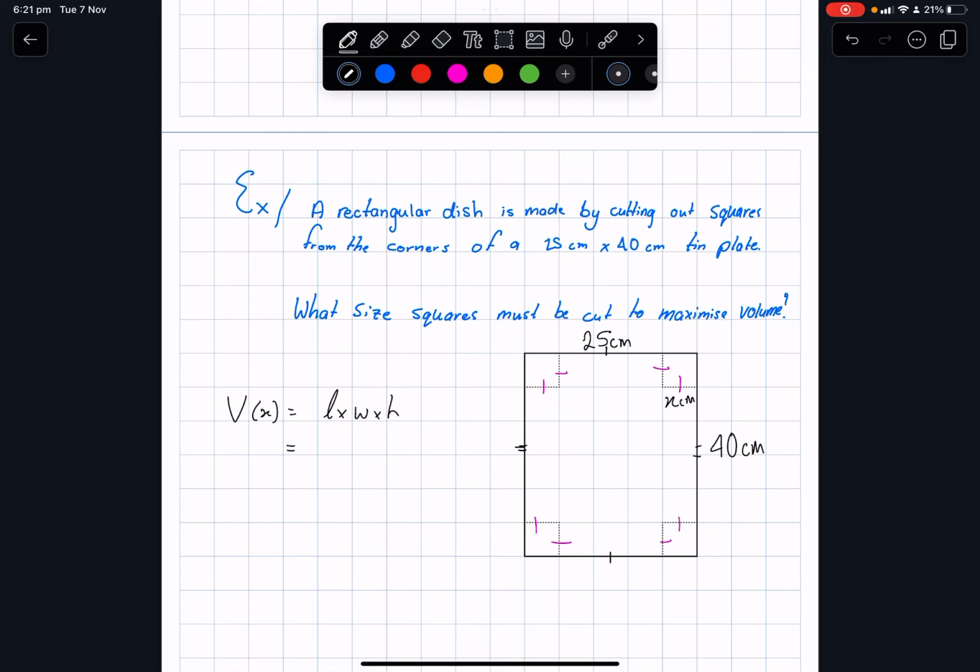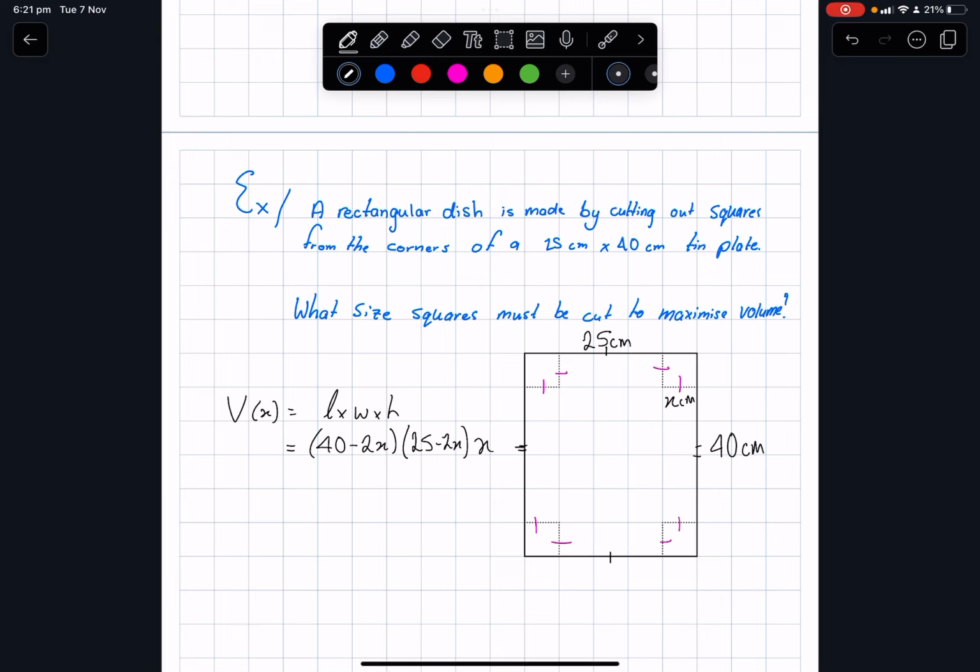The length of my object is 40, but it's minus 2x because I've taken off 1x here and 1x here from my lengths. My width is 25 minus 2x, because same thing, I've taken off 2x's from here, and then my height is just x.